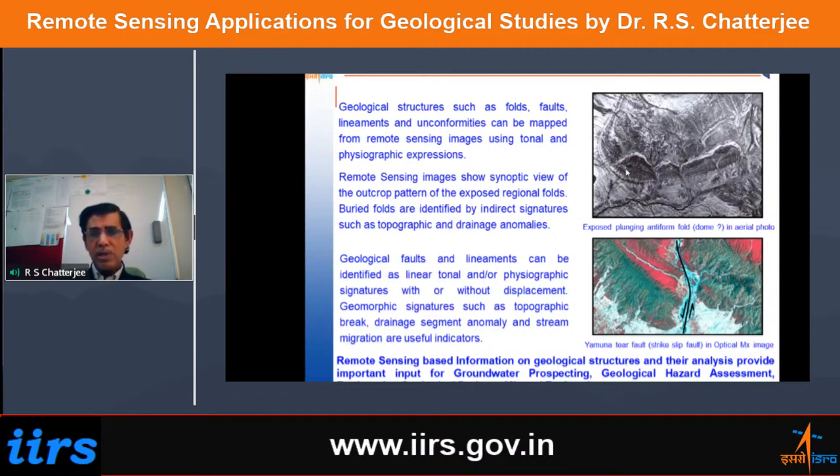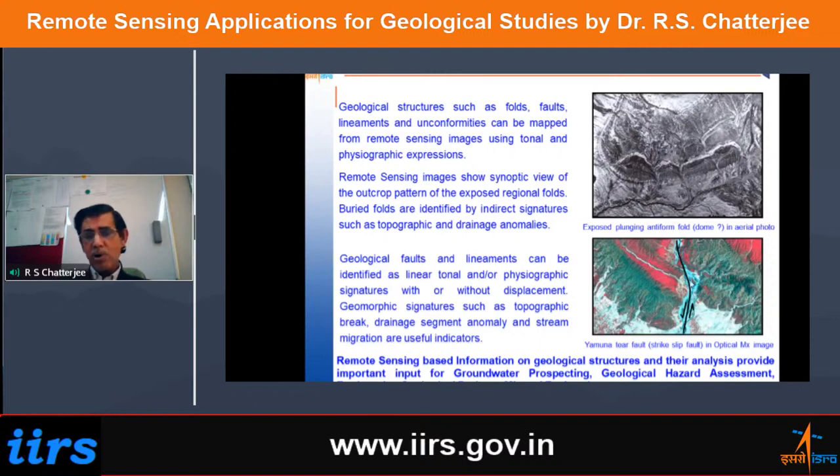If you go to the field, you can see only a particular point, but you cannot see what is happening here and here. But in a remote sensing image, you can see the entire picture. From this synoptic view, you can very nicely interpret the geometry of the structures, the type of the structures, the attitude of the beds, all kinds of interpretation you can do. I will explain more in the next slide.